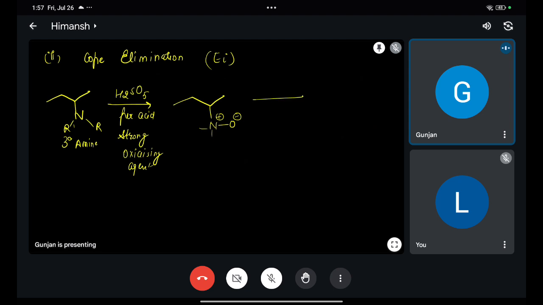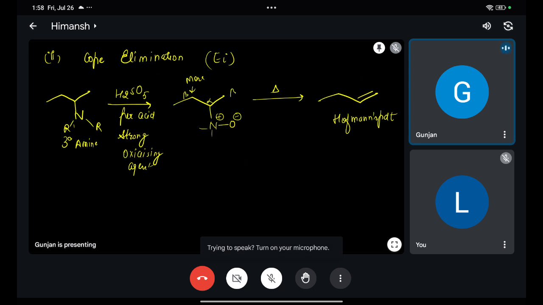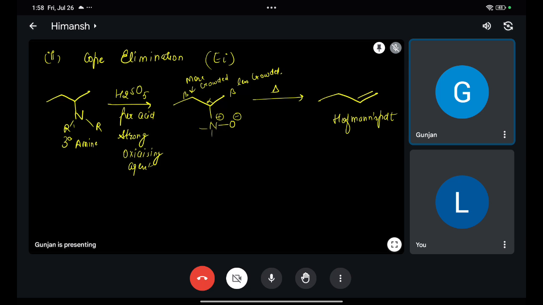So when we heat it now, what will happen? We will get the Hoffman product. Less substituted, more crowding. This beta, alpha, beta and beta: more crowding, and this is less crowding. Got it? Yes, ma'am, got it.